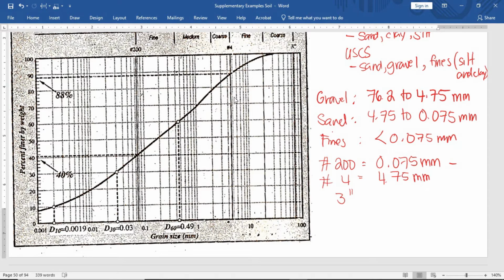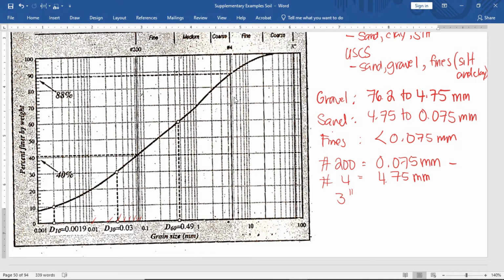Kung ito ay 0.01, 0.02, 0.03, 0.04, 0.05, 0.06, 0.07, and 0.08.